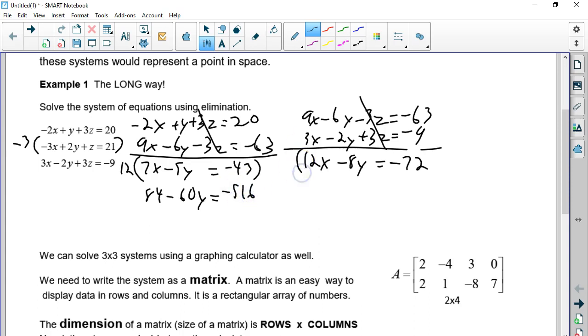Now, I'm going to multiply this by -7 because I want the x's to cancel. -84x. -7 times -8 is positive 56. And then -7 times -72 is positive 504.